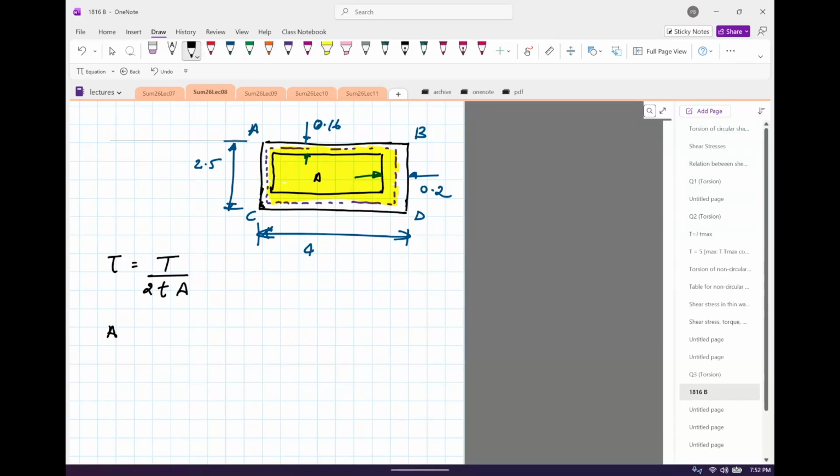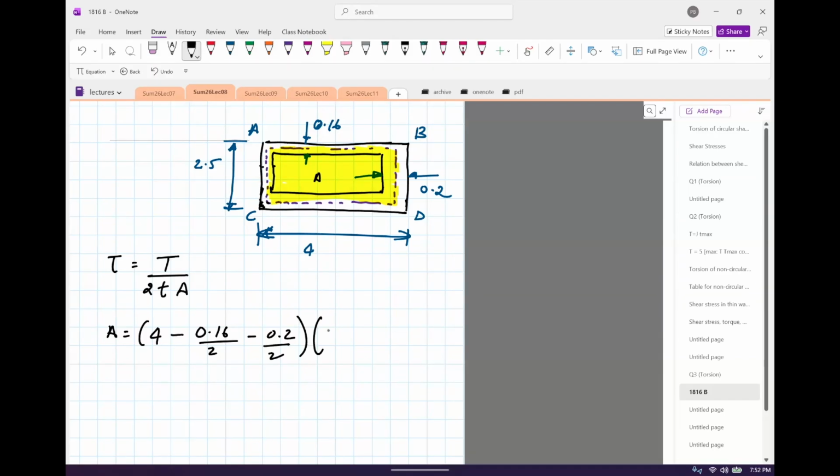So A is going to be 4 minus, now you can see this part is 0.16, it's actually half of 0.16. And the right side is half of 0.2. So this is going to give me the base, the distance from C to D along the median line.